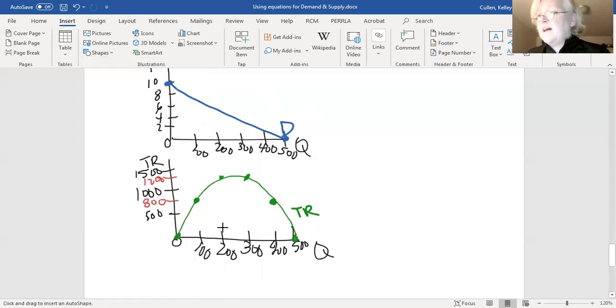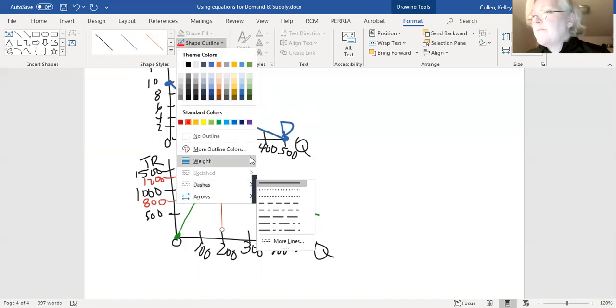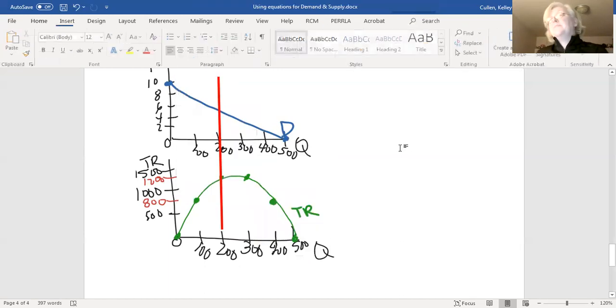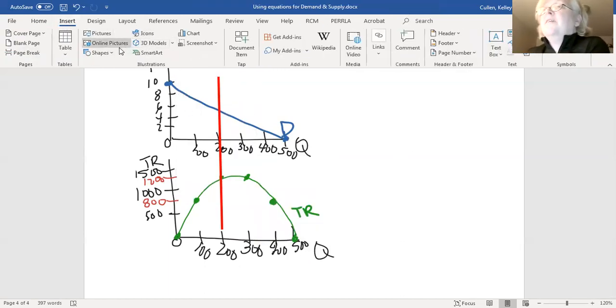On this side of the graph, and I'm going to make that a little bit bigger. I'm going to make it nice and red, and I'm going to make it nice and big. There you go. Okay, so on this side, and even let me go one step further, just because I like shapes. Shapes are cool.